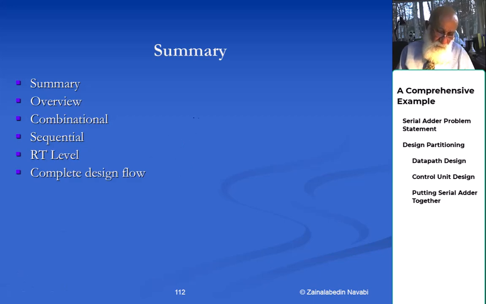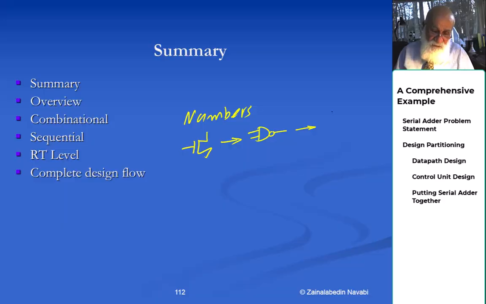Okay, we had number systems. Then we started with the transistor. Went to gates. Went to some adders, subtractors. And then from gates, we went into flip-flops. And then we went into counters, shift registers.